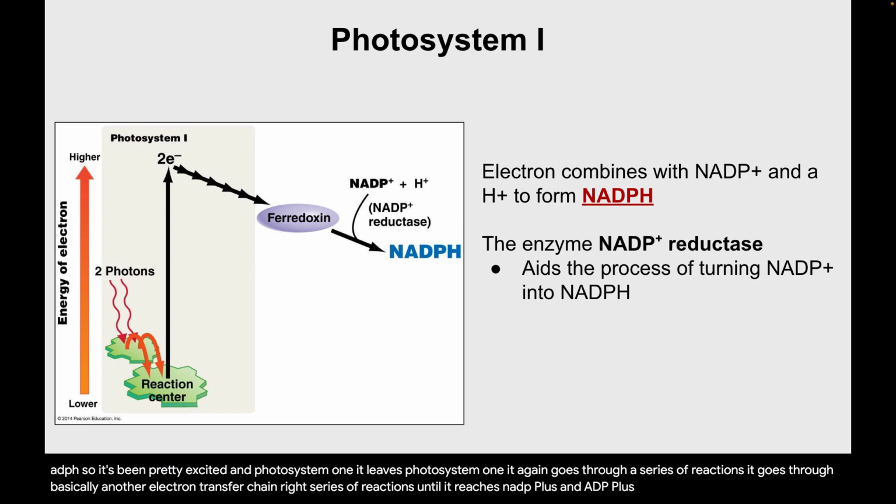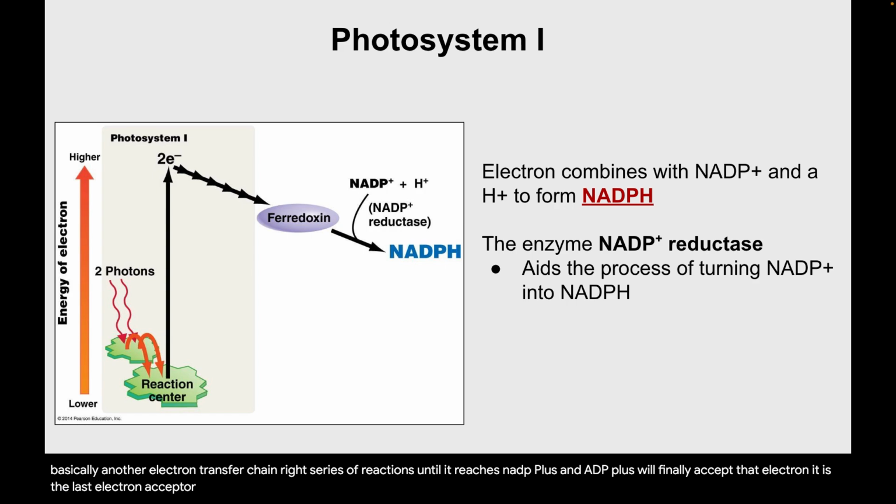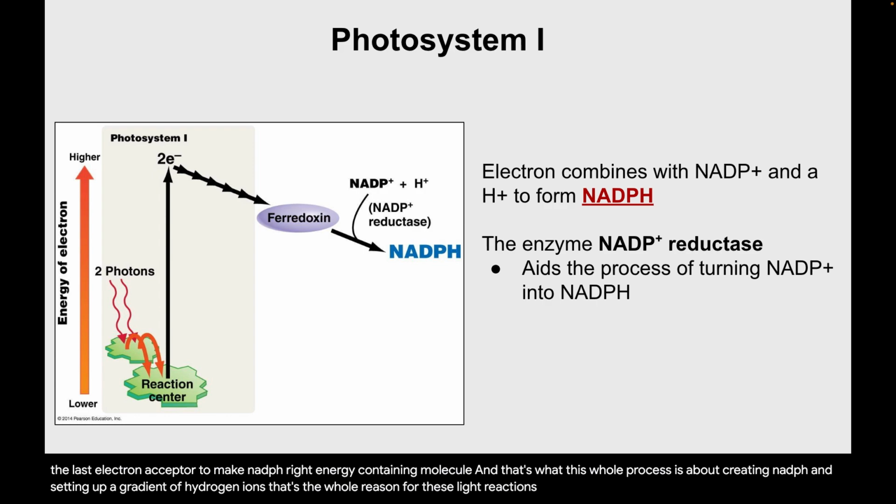NADP+ will finally accept that electron. It is the last electron acceptor, making NADPH, an energy-containing molecule. And that's what this whole process is about: creating NADPH and setting up a gradient of hydrogen ions. That's the whole reason for these light reactions.